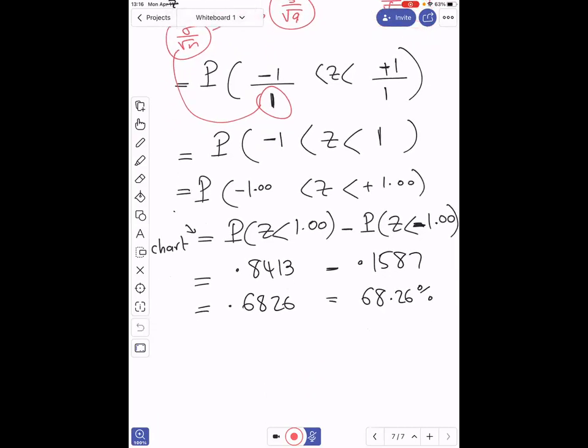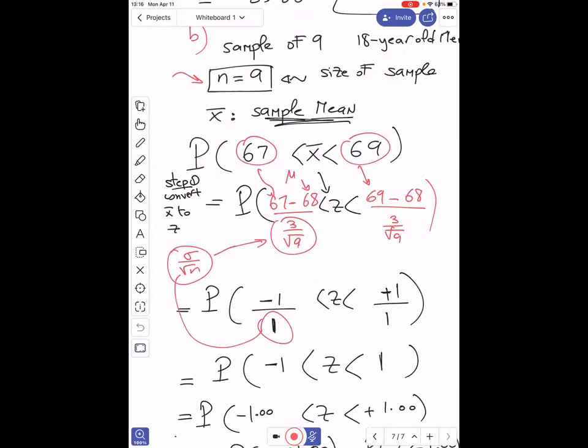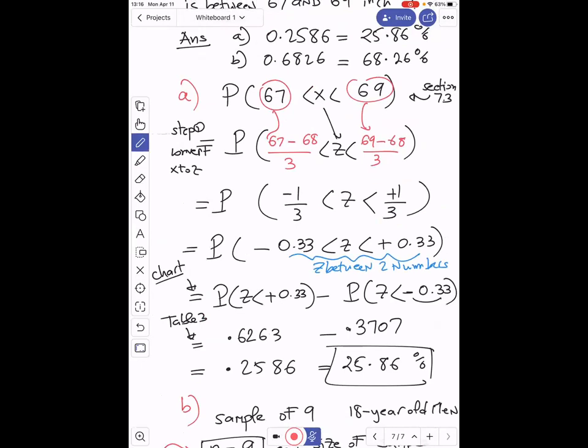There's actually one. The formula we are using to convert X to Z is just X minus mu over sigma. That's all we do here. Like you see right here, you start with 67 because it says X between 67 and 69.